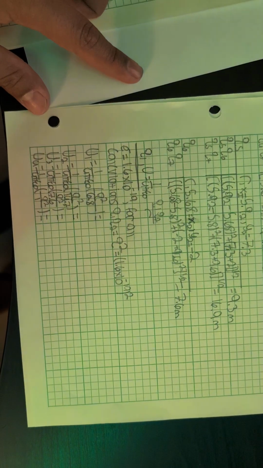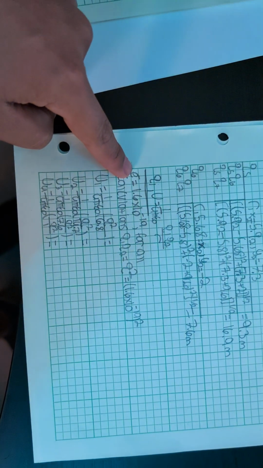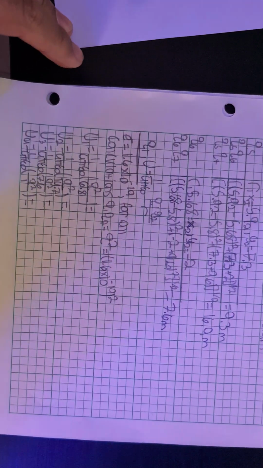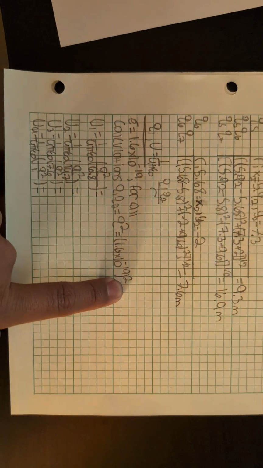Okay, so now that we have all the r's, we have to start to find the potential electric energies. So that's what I did. Since e is 1.6 times 10 to the negative 19, we're treating all of these like electrons. We can just square that, so it makes it easier.